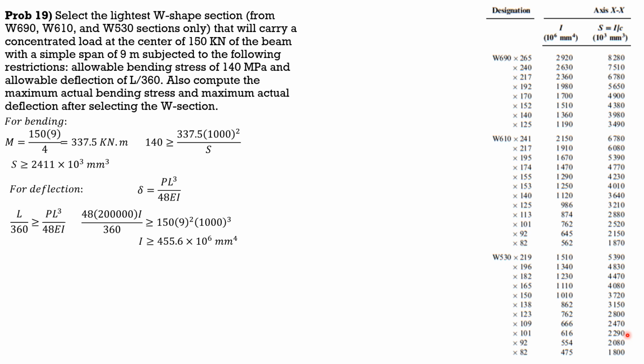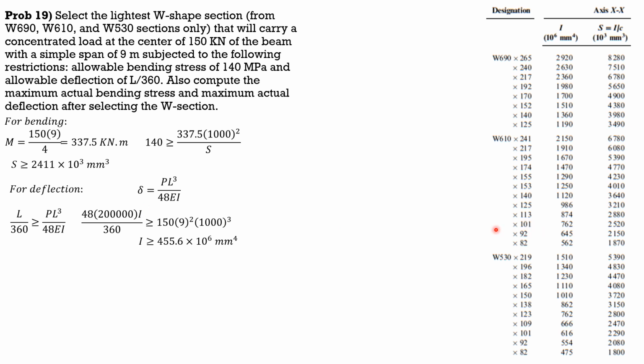So that means we raise this one, W530 by 109, which satisfies both moment of inertia and section modulus, but it is heavier because it is 109. So therefore, this is the lightest W section that will satisfy both, and this is the most economical section.